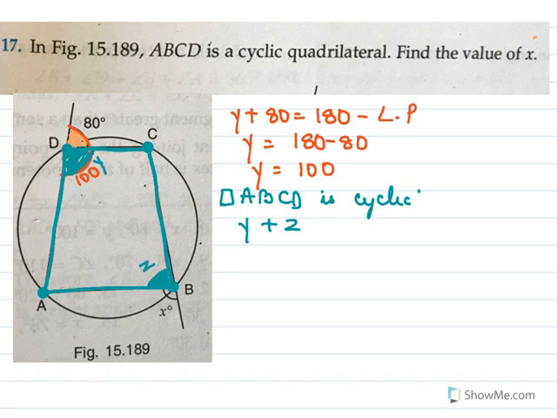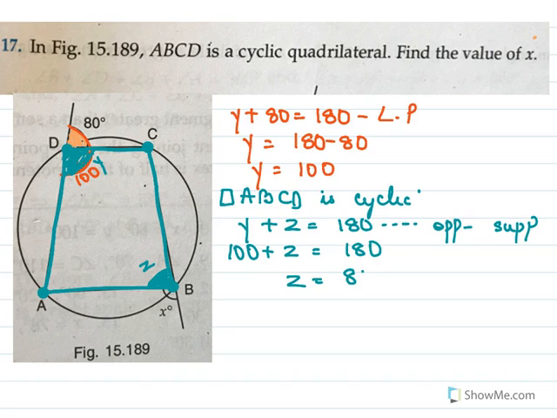So Y plus Z equal to 180. Reason, opposite angles of cyclic are supplementary. So we have 100 plus Z equal to 180, and your Z will come as 80.